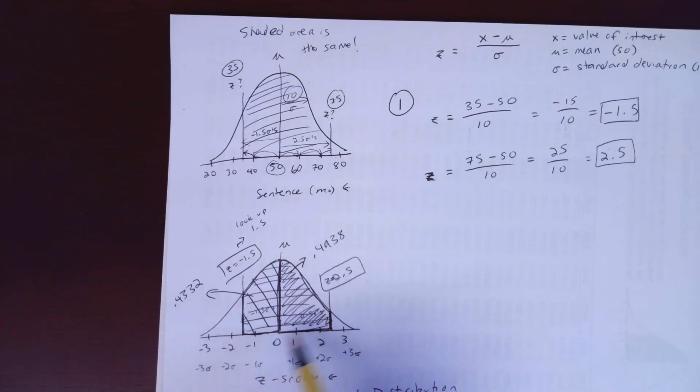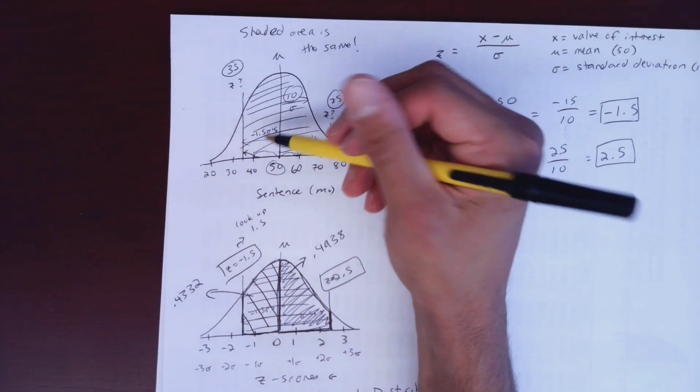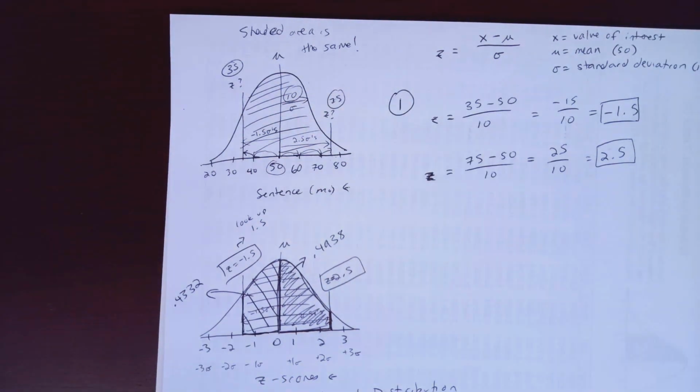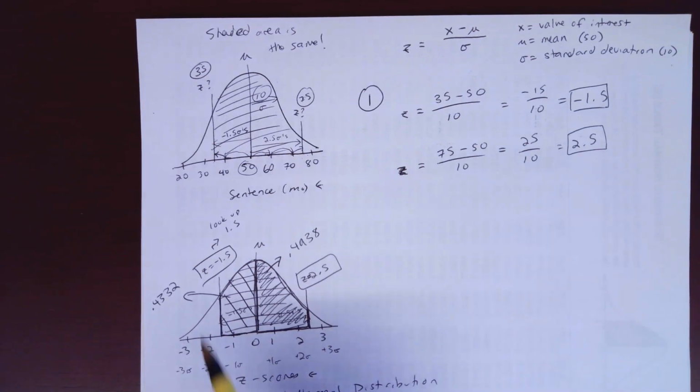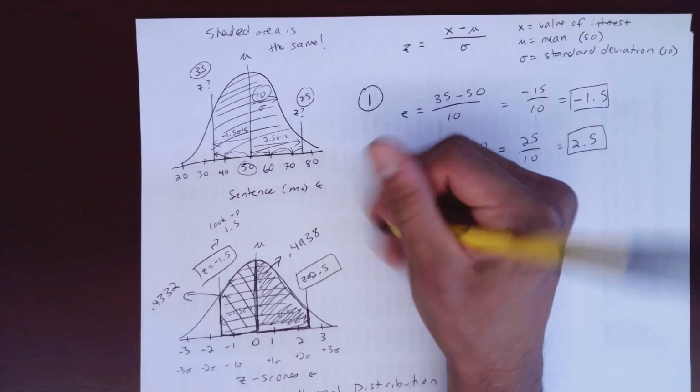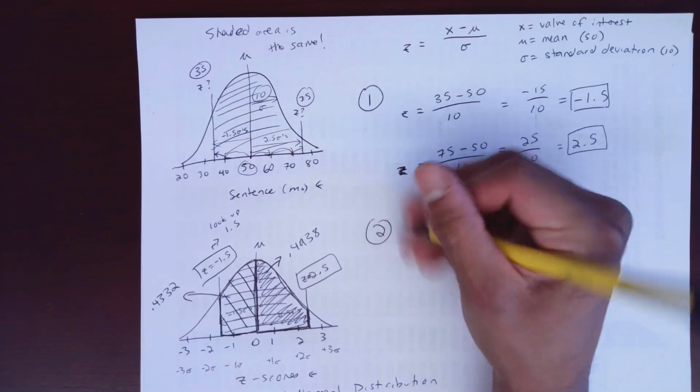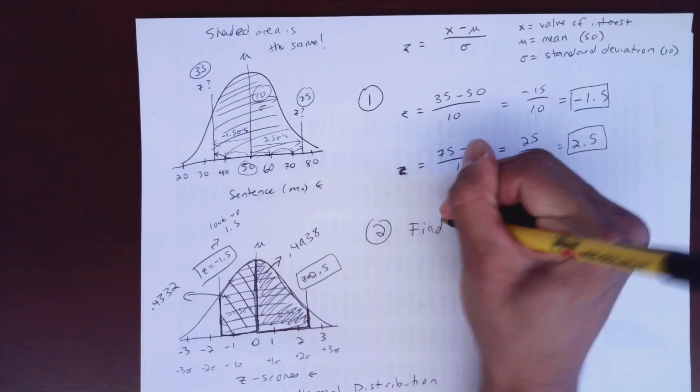So if we can figure out this total shaded area, we'll know the total shaded area on this one as well. So our total shaded area is going to be equal to the total area that is accounted for by this chunk of the graph and this chunk of the graph. So if we want to figure out our total area, all we have to do is add together this area and this area.